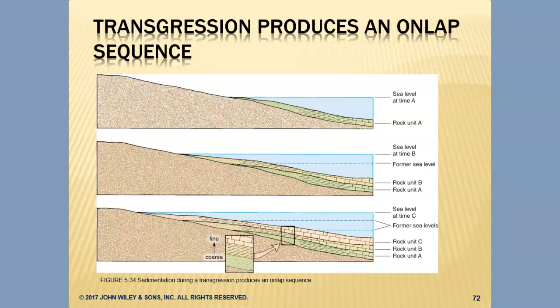You see the coarser grains at the bottom, the finer grains at the top. The coarser grains are the grains that were near the shoreline, and then as the water rose, the finer grains were deposited on top of the coarser grains. And remember, this is called an onlap sequence. The water is lapping onto the coastline.